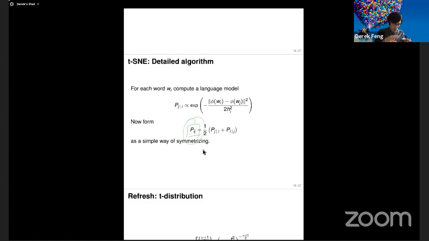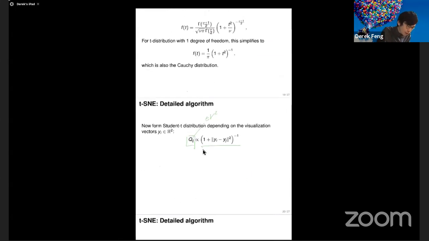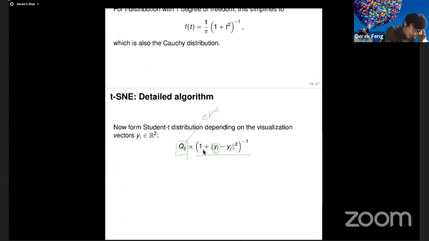It's defining a distribution such that pij is large if the word embedding associated with i and the word embedding associated with j are close. Then what we want to do is learn, remember these are parameters, yi and yj such that the distribution defined by qij ends up being very close to the distribution defined by pij.